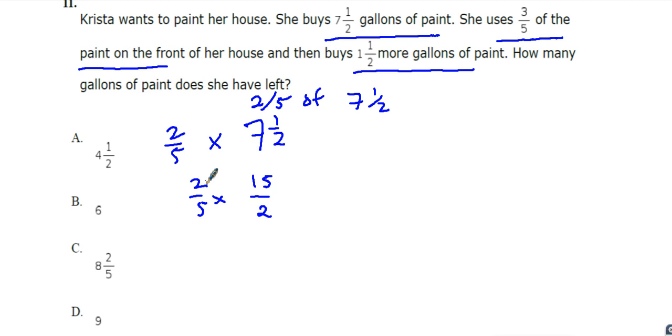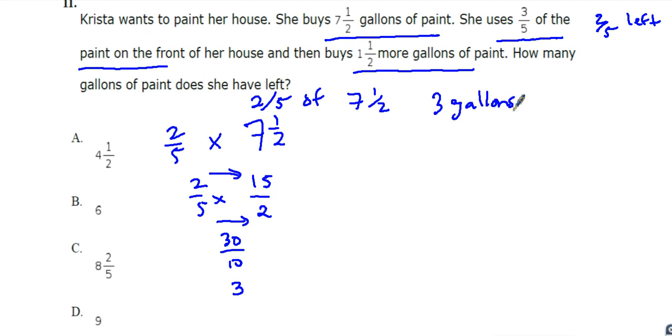So now 2 times 15 gives me 30. 5 times 2 gives me 10, and 30 divided by 10 is 3. So now, when I use 3/5 of the paint, I have 2/5 left over, and the 2/5 of 7.5 is 3. So right now she has 3 gallons left over.